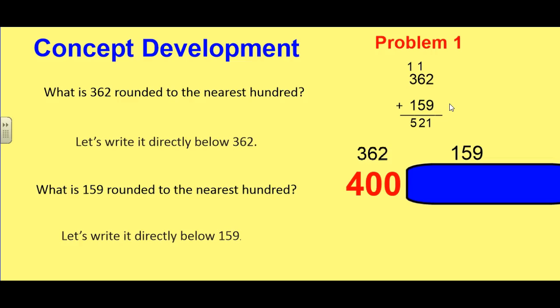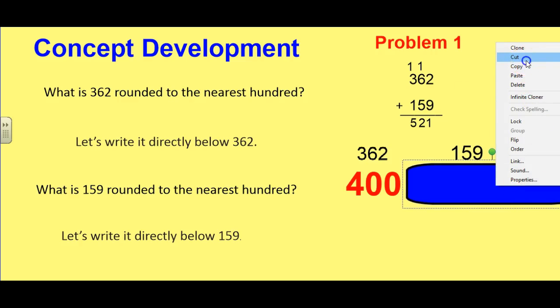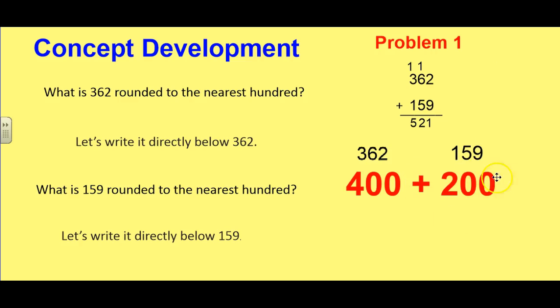So it's going to be between 100 and 200. We know that the halfway point between 100 and 200 is 150, and we can see that 159 is more than 150. That tells us that 159 is going to be closer to 200 than it would be to 100. So underneath 159, you're going to put 200.